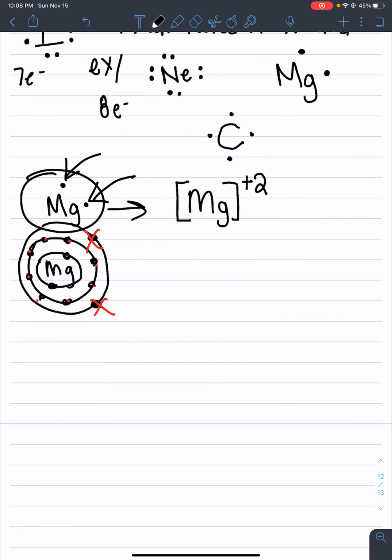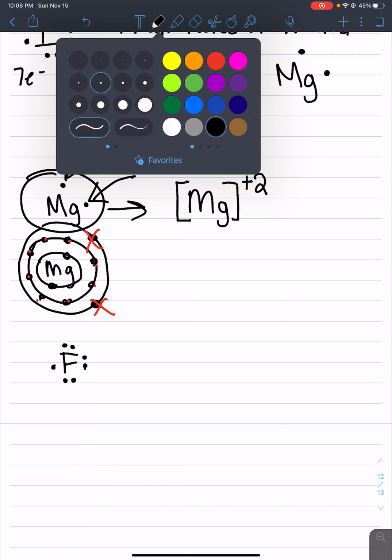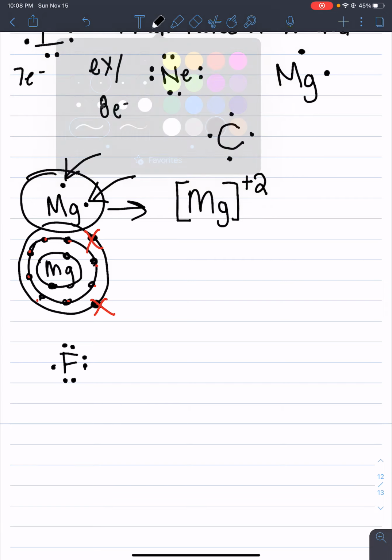So let's start off with, how about F? So normally F has 7 valence electrons. So you can go put your dots around, 7 of them. And remember, we want everything to have 8 valence electrons. So for F, instead of erasing all 7 of those, we are going to actually add in an electron.